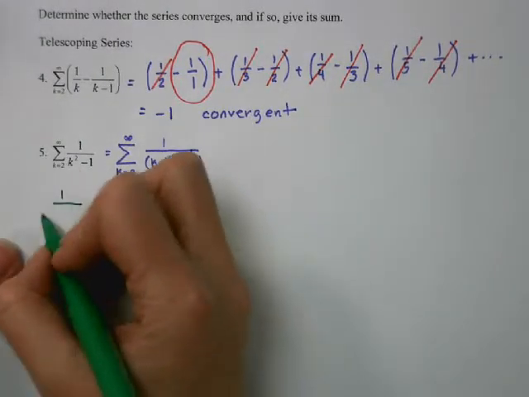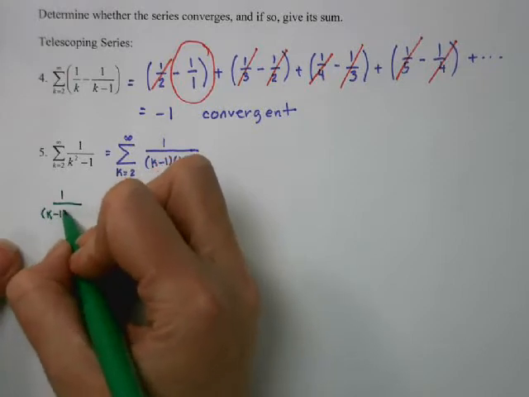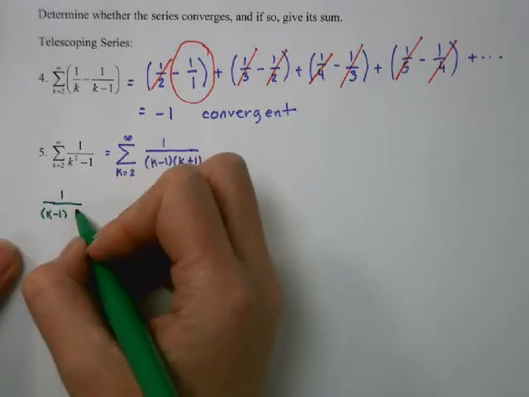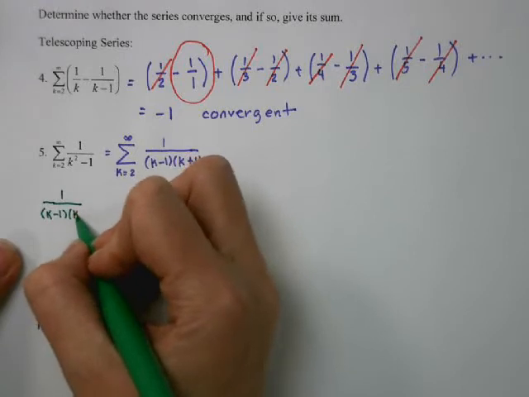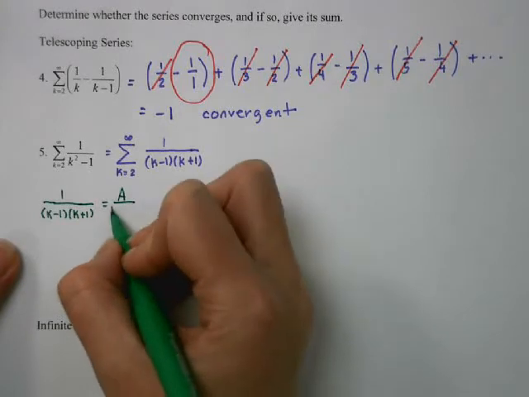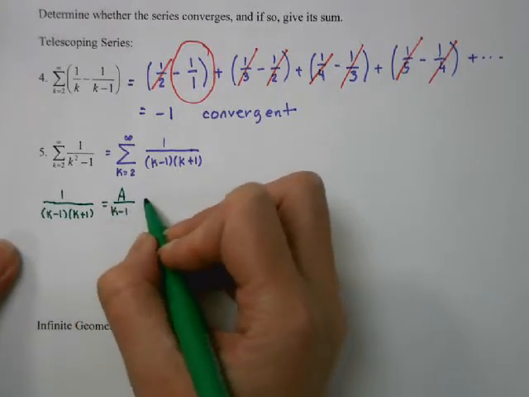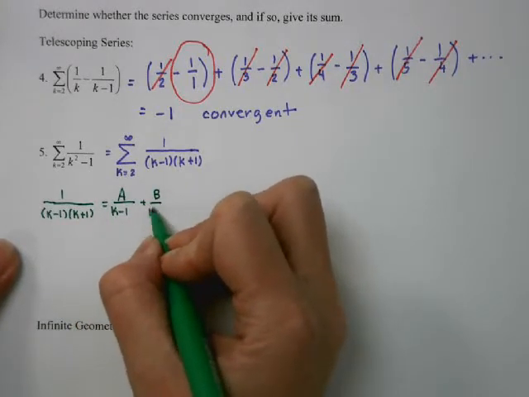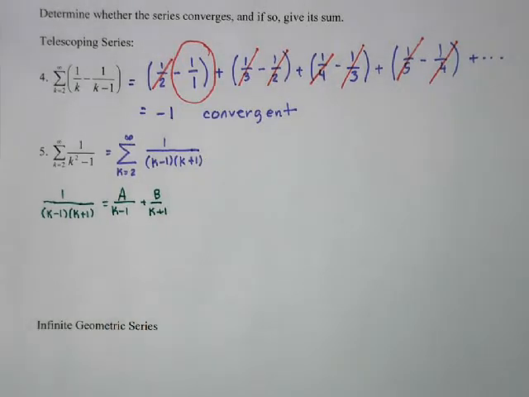We're going to have 1 over k minus 1, k plus 1 is going to equal a over k minus 1 plus b over k plus 1.